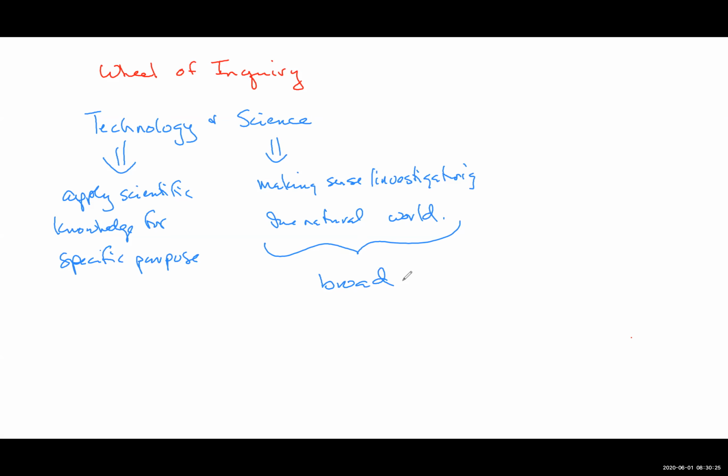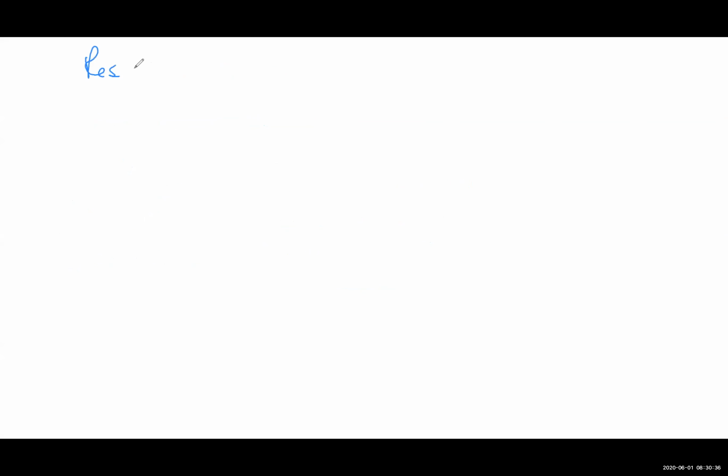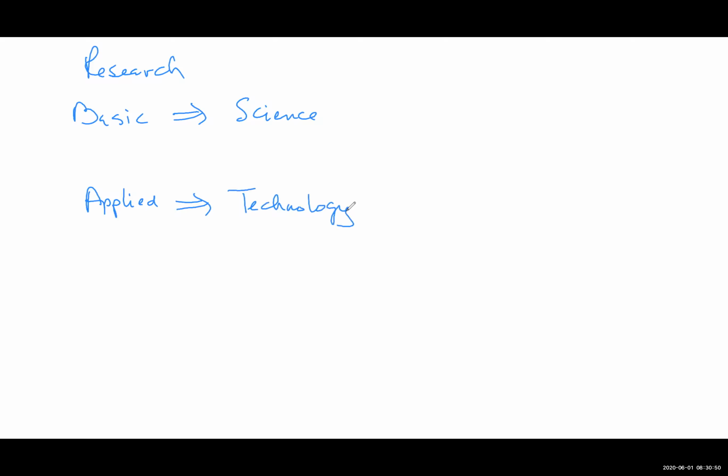It wants to actually use that knowledge to do things. And so along with that, when people are studying, there are two different types of research that you can then talk about. Research can be basic, or research could be applied. And typically basic research is associated with science and applied research is associated with technology, although there is some crossover.